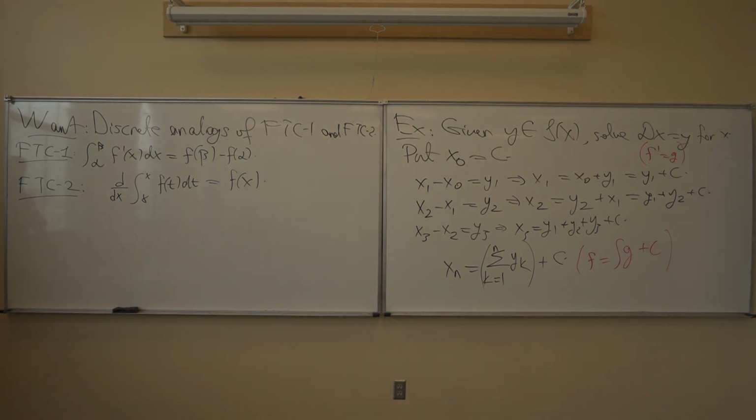Okay, so fundamental theorem of calculus 1 first differentiates, then integrates. Fundamental theorem of calculus 2 first integrates, then differentiates. Okay? Again, you have to make sure that everything makes sense here, but once you do, that's what it's going to say. So I want discrete analogs of these.